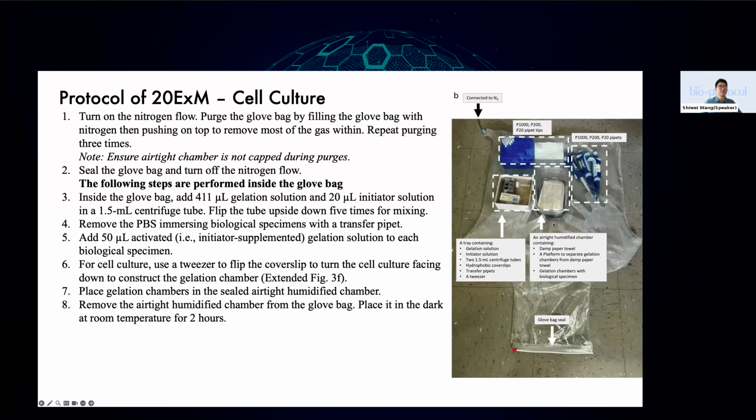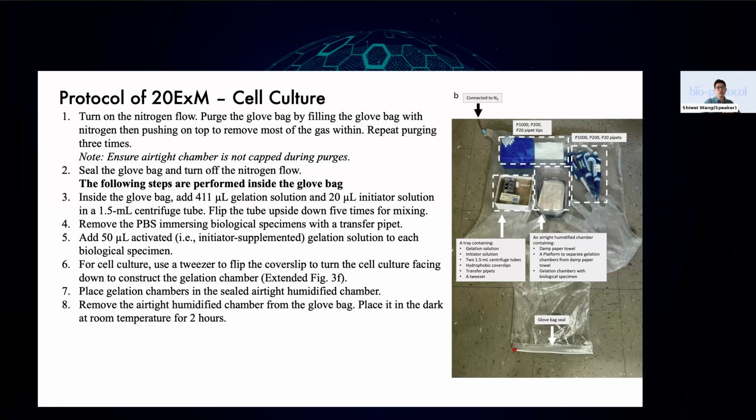So now everything's in the glove bag, and what you want to do is turn on the nitrogen flow, and this will start to inflate. You want to use your hand to hold onto the seal for it to inflate to almost 90%. And then you want to purge the glove bag by pushing down on the top to push most of the gas out, and do this 3 times.